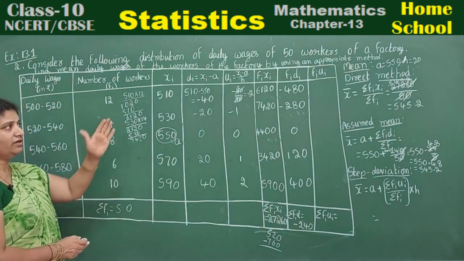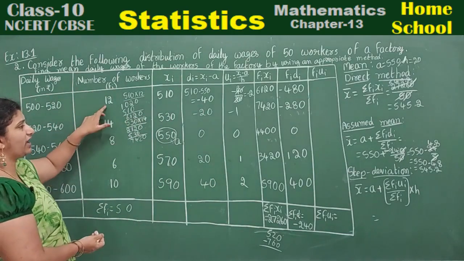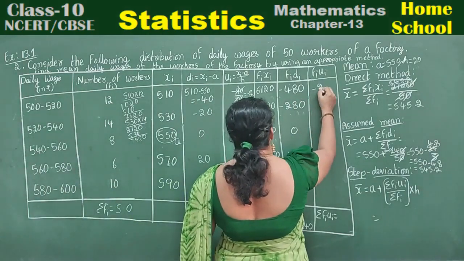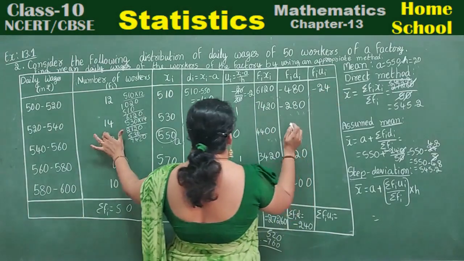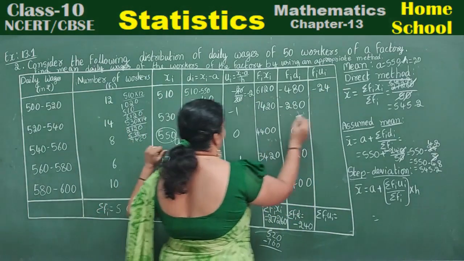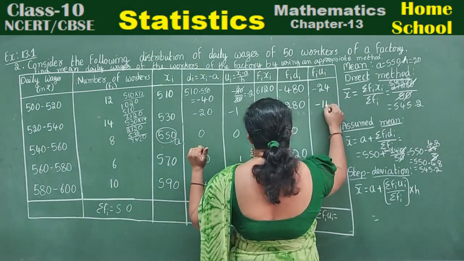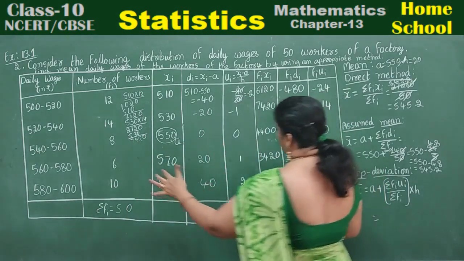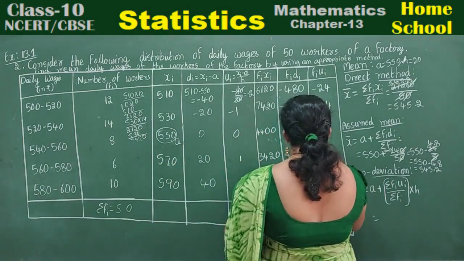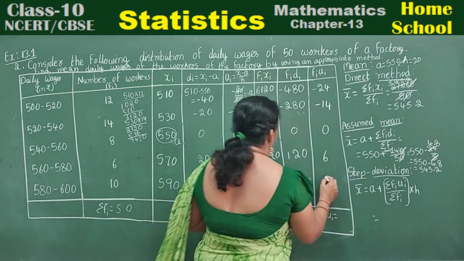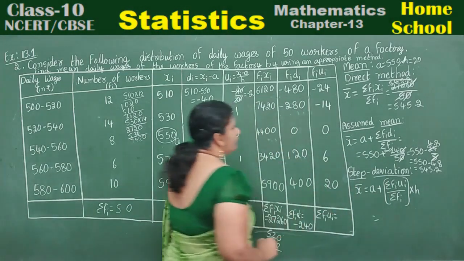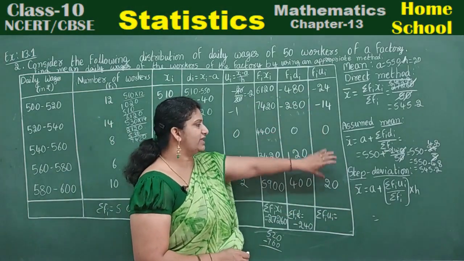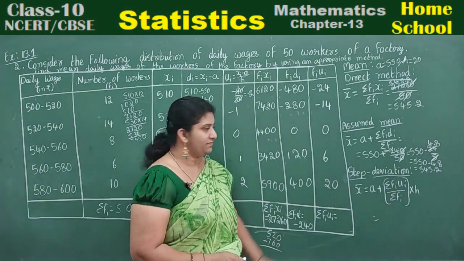Fi is here and Ui is there. Try to multiply. 12 into minus 2, minus 24. 14 into minus 1, minus 14. 8 into 0, 0. 6 into 1, 6. 10 into 2, 20.